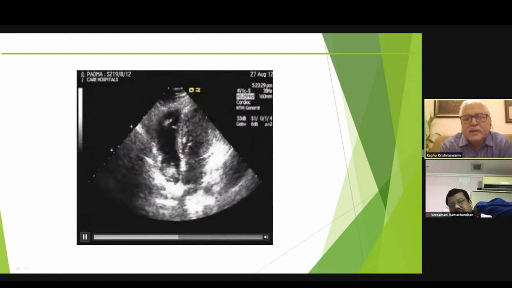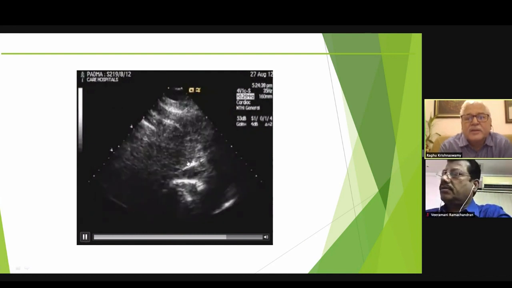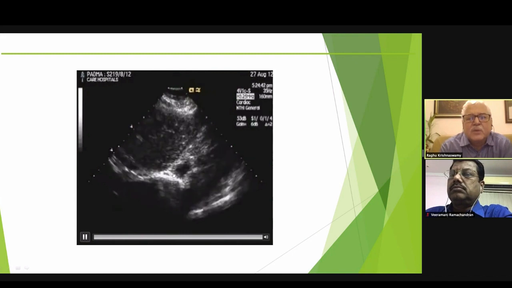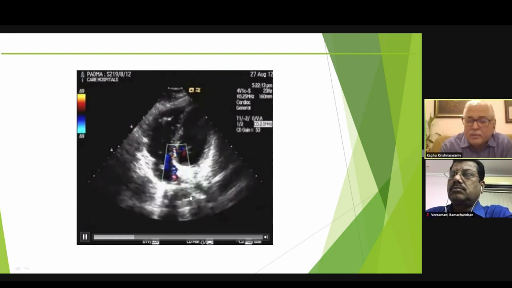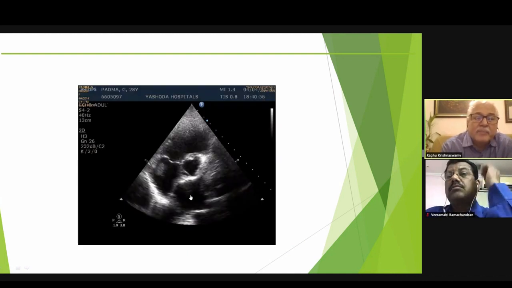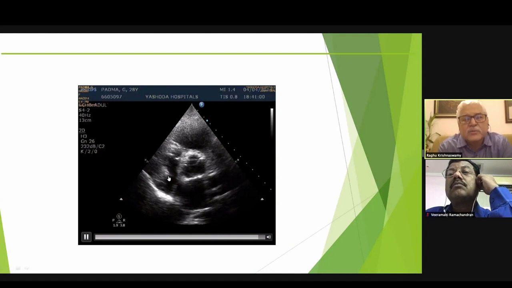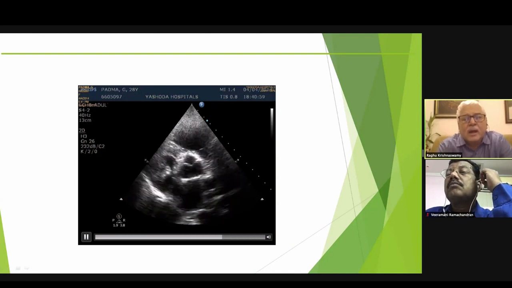There is hardly any TR, but I had to do a contrast study to get the TR, and that showed a normal pressure. Our IVC, as you can see here, was also normal. It was not dilated. So to get a better delineation of the mass, this is in another off-axis view to see whether we can pick up where the attachment to the mass was.